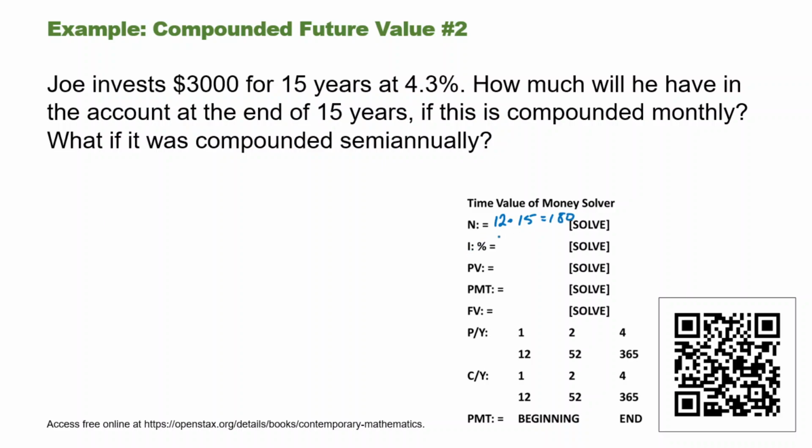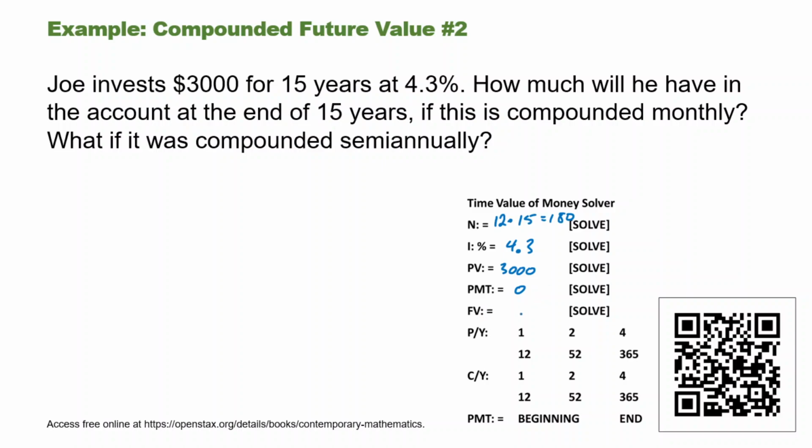So N equals 180. I as a percent would be 4.3. Present value would be $3,000, the initial investment. Payment is 0 because we are not adding to the balance periodically.